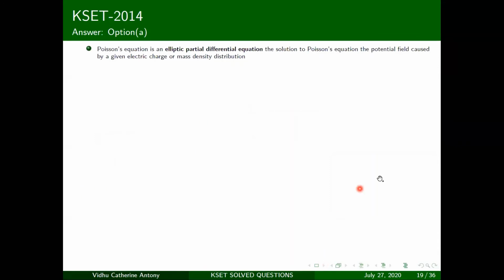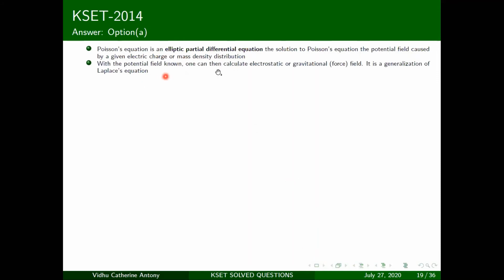Okay, so let's look at this. The Poisson equation is an elliptic partial differential equation. When you're looking at partial differential equations, there are different kinds, like parabolic, elliptic, hyperbolic. So that's why it's mentioned this way. The solution to the Poisson equation gives the potential field caused by a given electric charge or mass distribution.